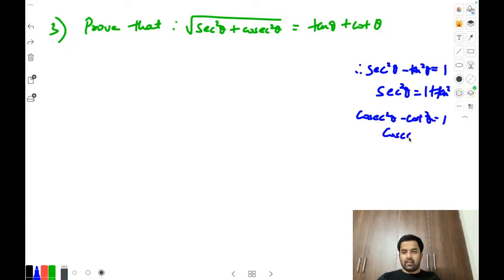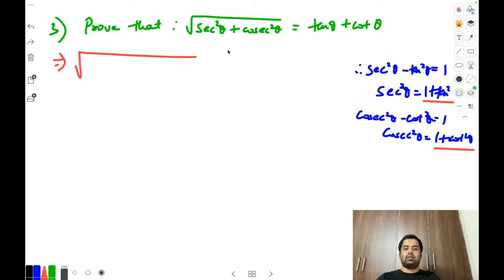So cosec place we can keep what? 1 plus cot square. So I'm underlining that this formula and this formula we will keep it there. Okay, root under. Now this part we can write as what? We can write 1 plus tan square theta. Done. Plus. Now this part we can keep what? 1 plus cot square theta.